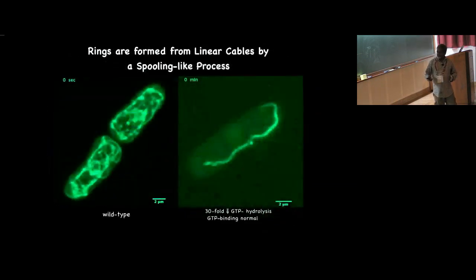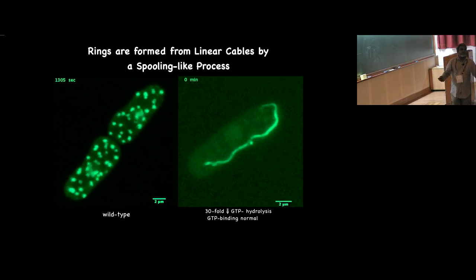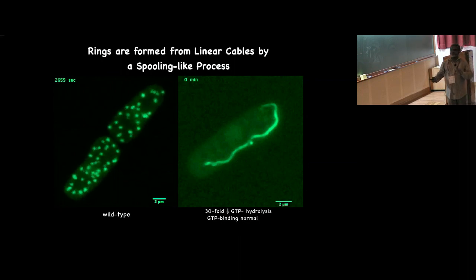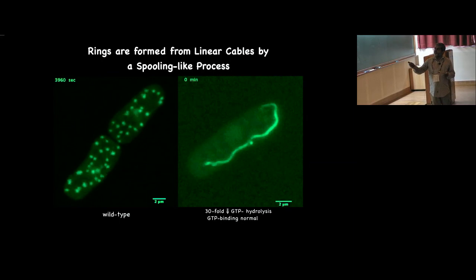So in the yeast cells, what we saw is this side is the wild type, and this side is a movie that has GTP binding as normal as the wild type, but the GTP hydrolysis is reduced like 30-fold. In this one you can see all those linear cable-like structures somehow coalescing into ring-like structures, or here you see only patches, but I couldn't make much sense of this, so that is when I made all these mutants.